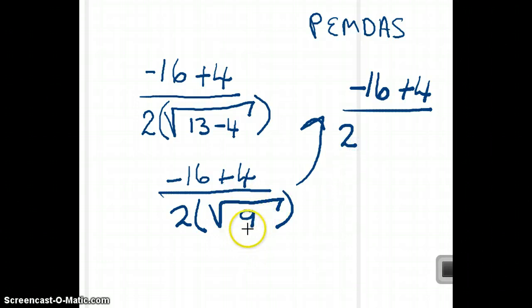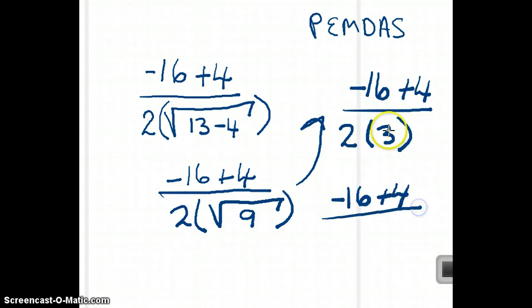What's inside my parentheses? Square root of 9 is 3. Negative 16 plus 4. 2 times 3 is 6. Now I can add these. Okay, negative 16 plus 4 is negative 12 divided by 6 equals negative 2.